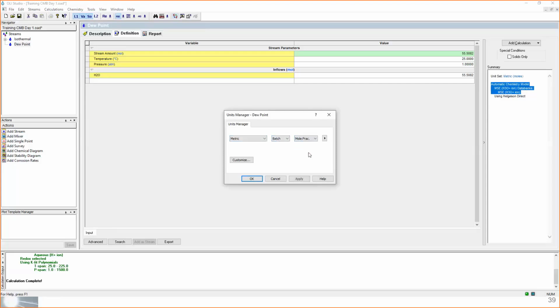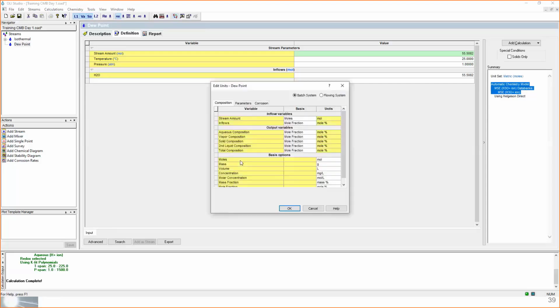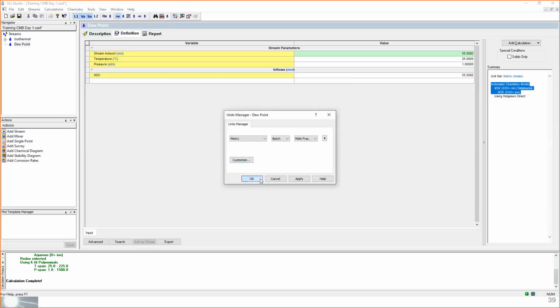Click on customize to see what changed: mole fraction was defined for inflows and for the output variables in our report. Everything is going to be in mole percent, and our stream amount still remains in moles. So we're happy with this; click OK and click OK.